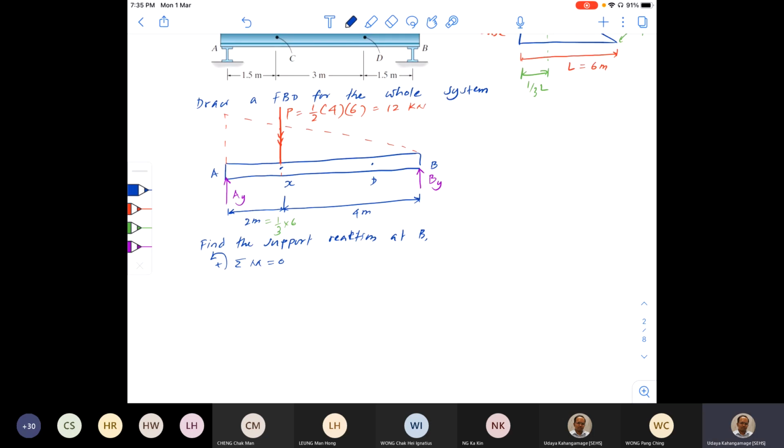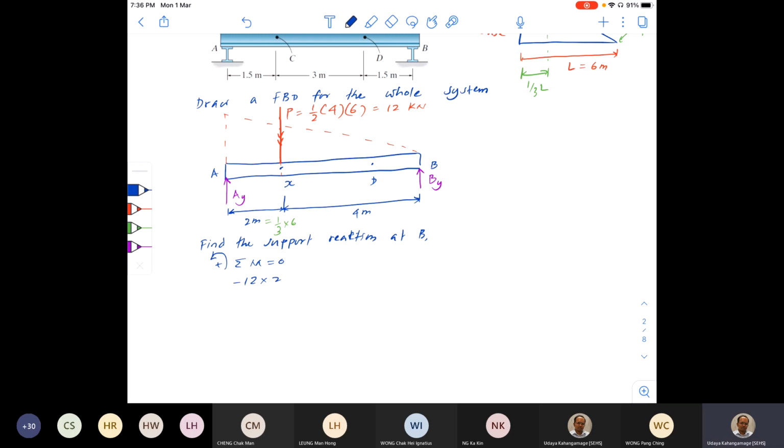So can you write the equation now? First, we take the active force P, 12 kilonewtons, 12 into the distance, 2 meters. Okay. Is it in the clockwise direction or anti-clockwise direction? If you apply P only, it is clockwise direction.